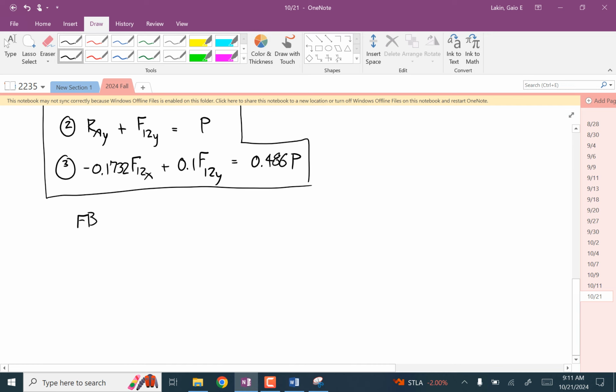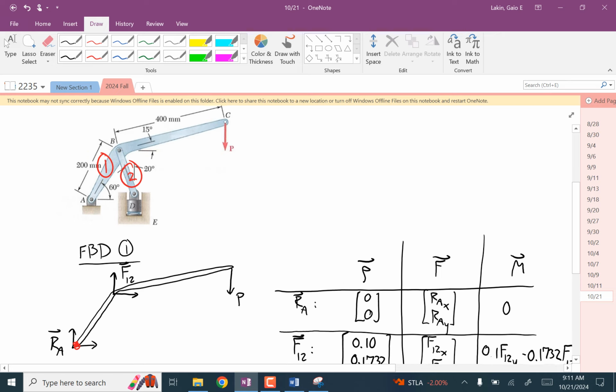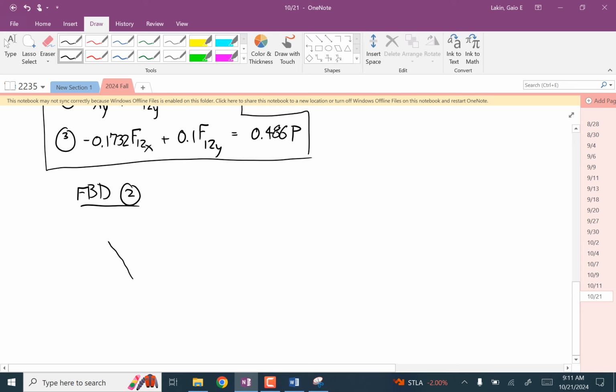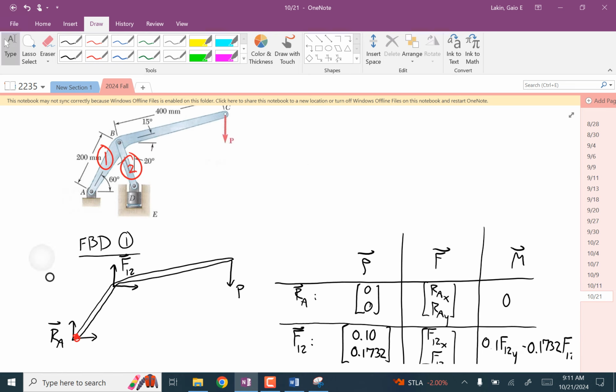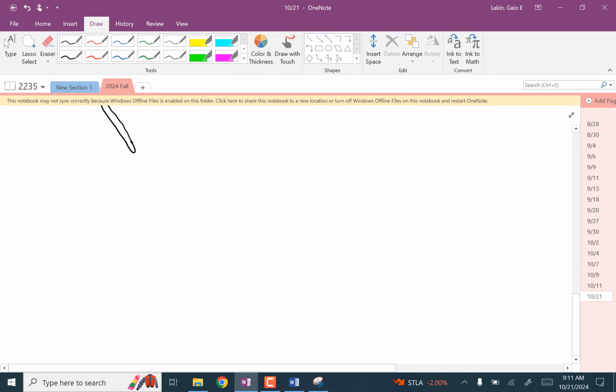And then we'll go to body 2. So this one, we're trying to find the force applied to the piston at D. So we're trying to find a vertical force here.